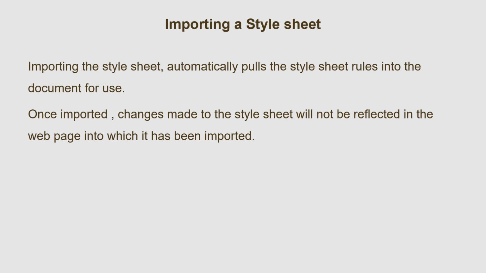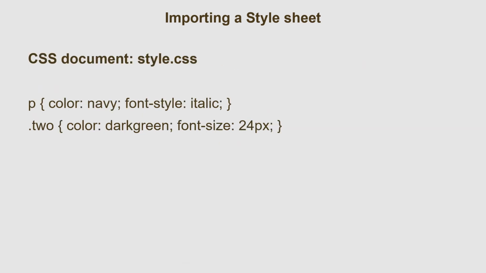Next one is importing a style sheet. We can create a style sheet, and wherever and whenever it is needed, we can import it. Once imported, the changes made to the style sheet will not be reflected in the web page into which it has been imported. Here in this example, we have a CSS style sheet with the name style.css, with the styles which we want to use in our HTML document.